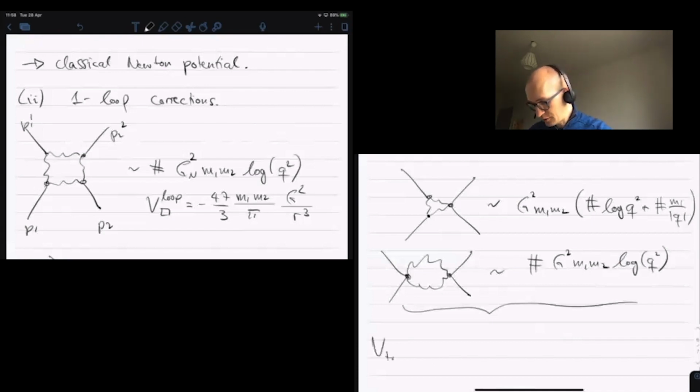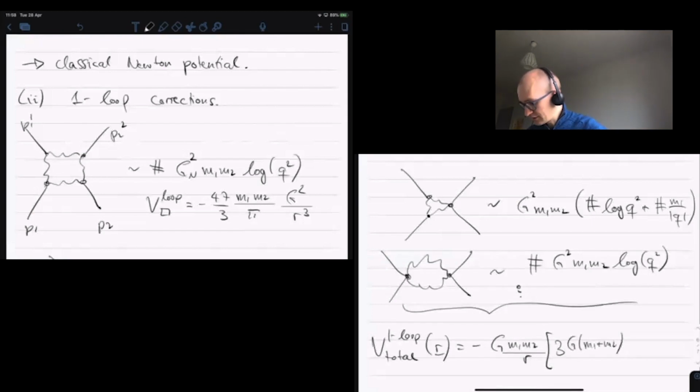So the V total one loop of R, there are more such diagrams, is equal to G Newton times M1 M2 over R. I've just factored out the Newton potential, but times 3G times M1 plus M2 over R plus, and this is now the really interesting bit, both of them are interesting, but this is the one I want to underline, 41 over 10 pi G h-bar over R squared.